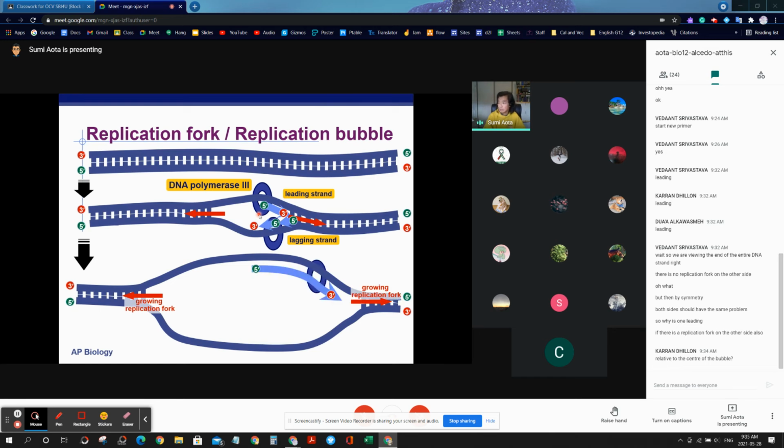That side's fine, leading strand. That side's lagging. But over there, it's leading, and up there, lagging. So from the point of origin, because of symmetry, as Vedant said, leading and lagging swap.